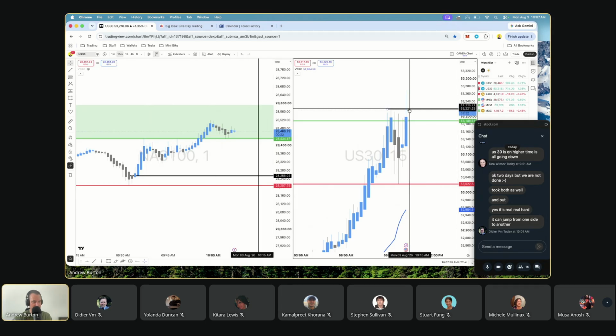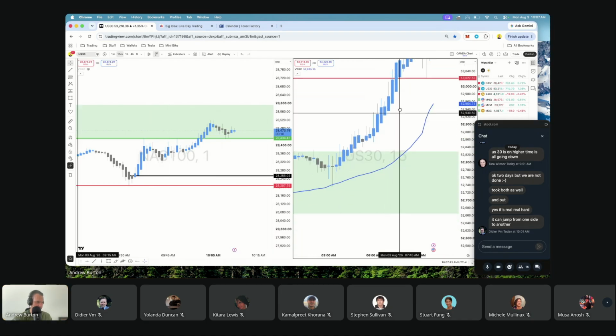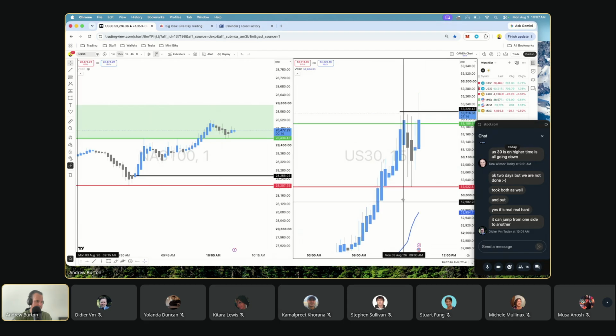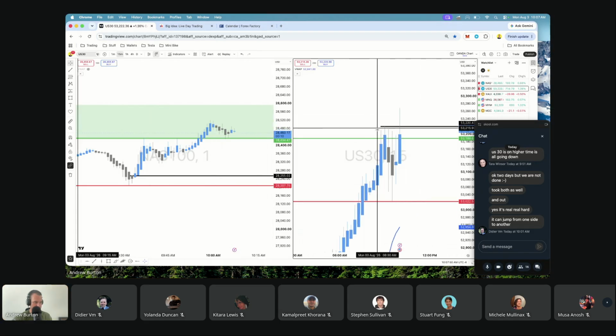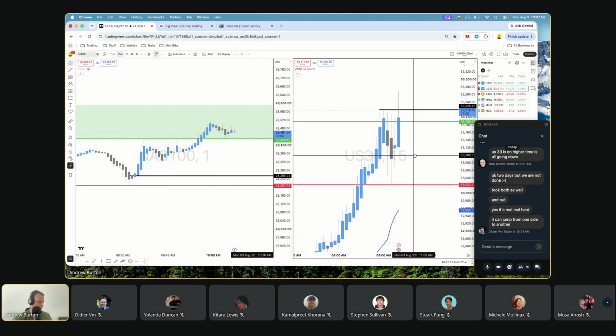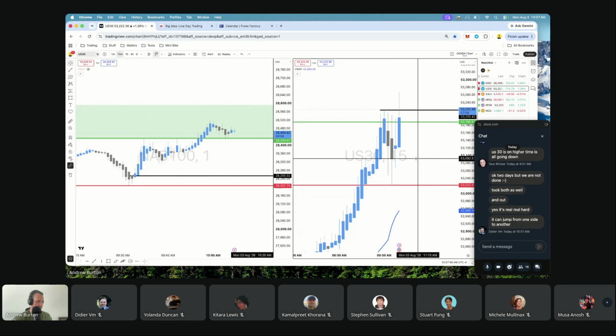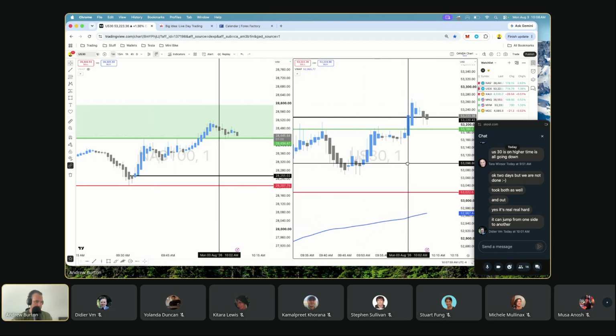So in 7 minutes, we'll know what's going to happen here. I'm guessing it's just going to go sideways, because look at that, it just ran up like crazy. So this was probably a liquidity sweep, which is huge, of all of this here. And then maybe it goes sideways here. So maybe we don't get any more trades out of US30, but we'll wait and see.